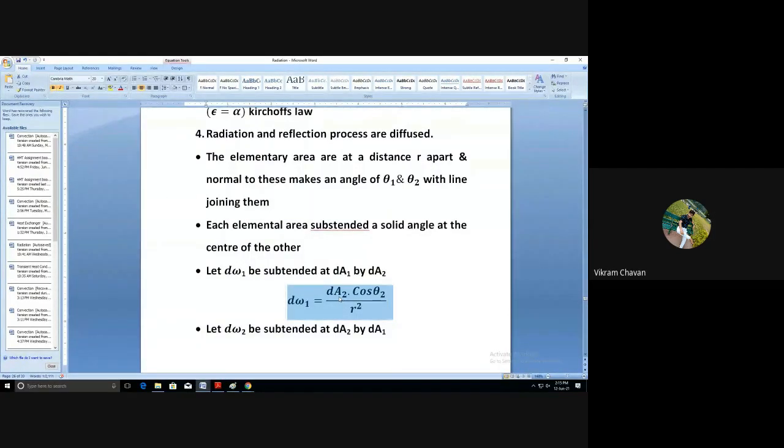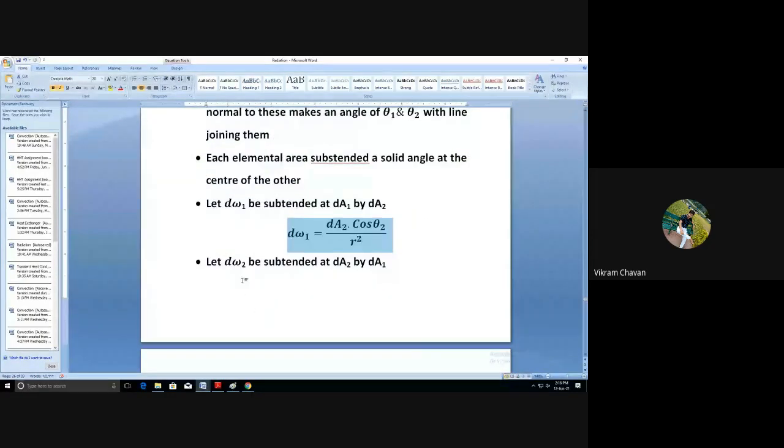The body 2 surface area is dA2, and its normal makes an angle of theta 2 with the line joining the centers of the two surfaces. So the surface area of dA2 exposed to dA1 will be dA2 cos theta 2 divided by r squared, according to the solid angle definition.